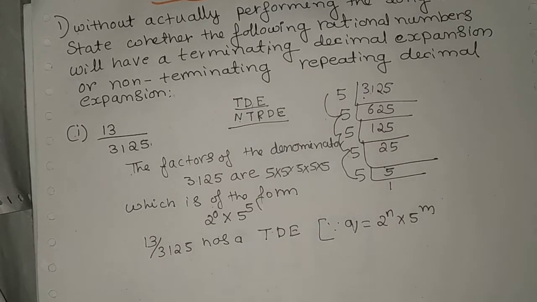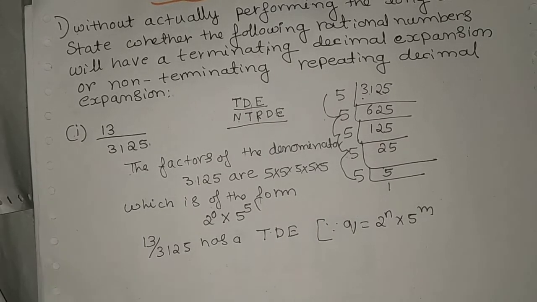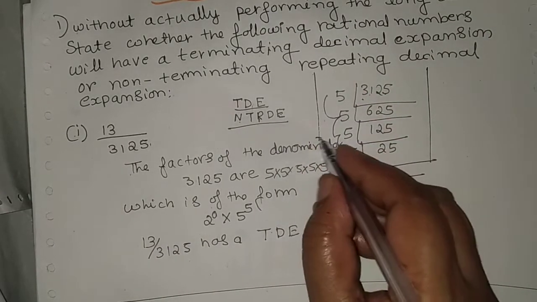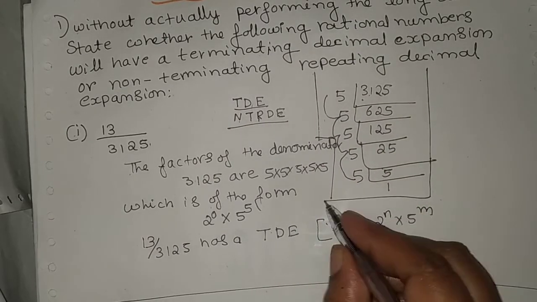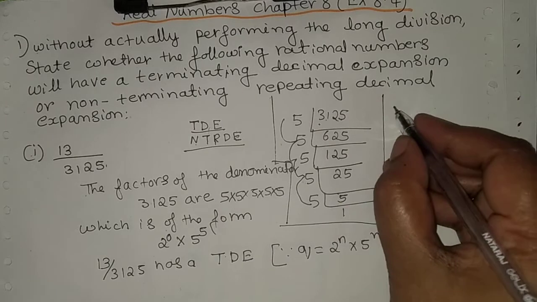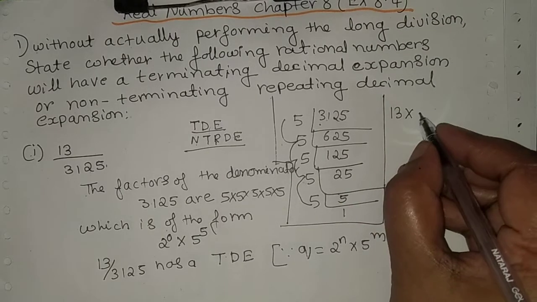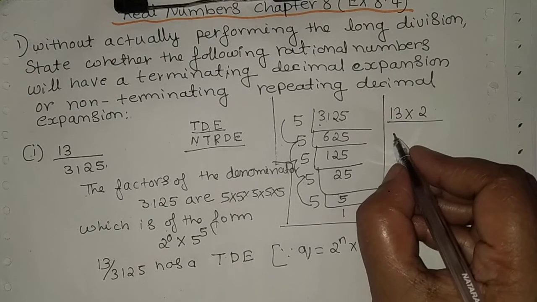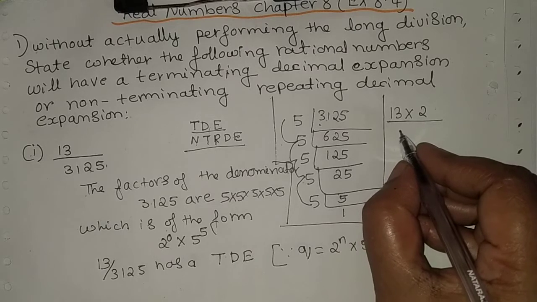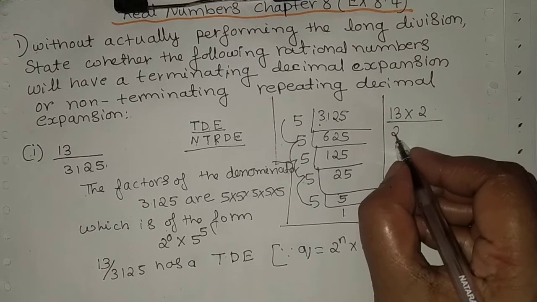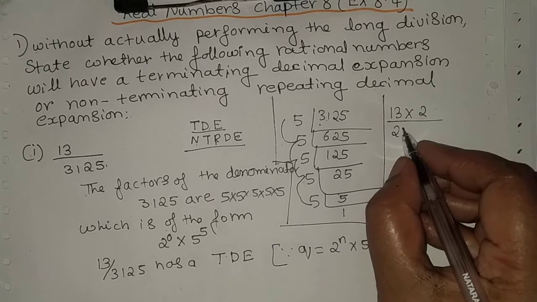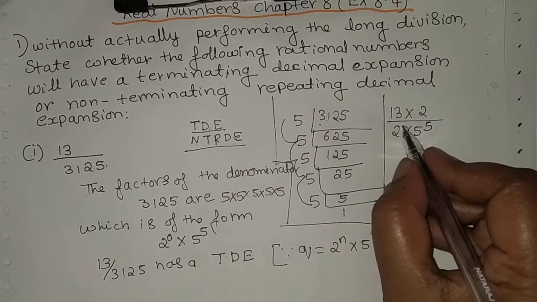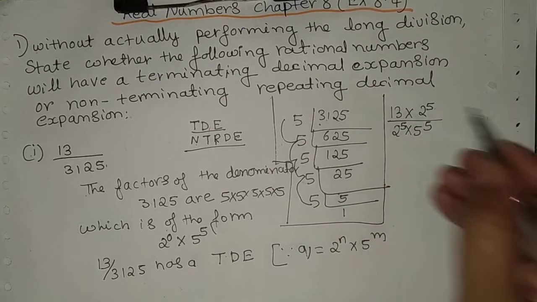So next, what we have to do, I'll write here just for our reference. Take the number 13 and multiply it by 2 to the power of some number into 5 to the power of some number. We are getting 5 to the power of 5, therefore we have to take 5 and 5.